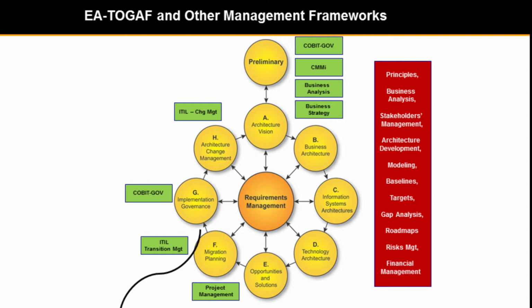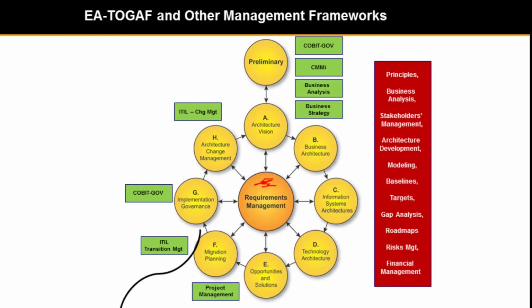What I've done here is show you, as an example, that when you are working with the framework, you also have the ability to inject it with a lot of other inputs from the industry. Requirements management is where you're going to collect, filter and establish your requirements, based on which you're going to invoke the TOGAF approach.